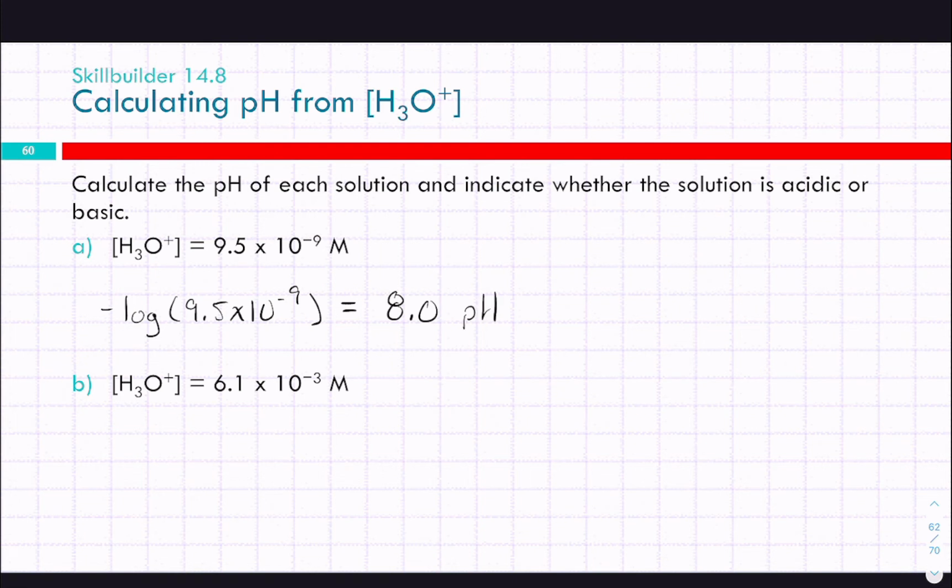There's a bunch of decimals there, of course, but with the correct sig figs, it's just 8.0. If you do the reverse, you're not going to get quite the answer that you started with because of significant figures here. But we'll get to how to go the other way.